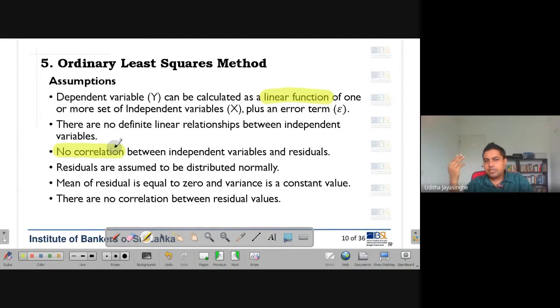something like the cost of maintenance of a vehicle, the age of the vehicle, and also mileage. With the age, mileage is also going to go up. If you take those two variables separately, what is typically going to happen?